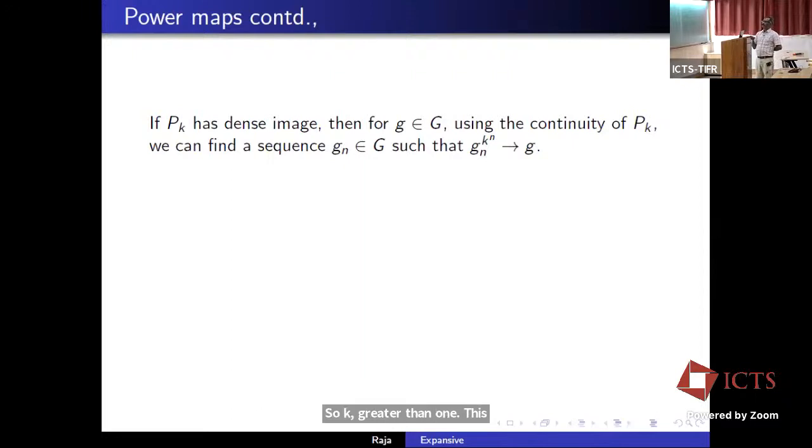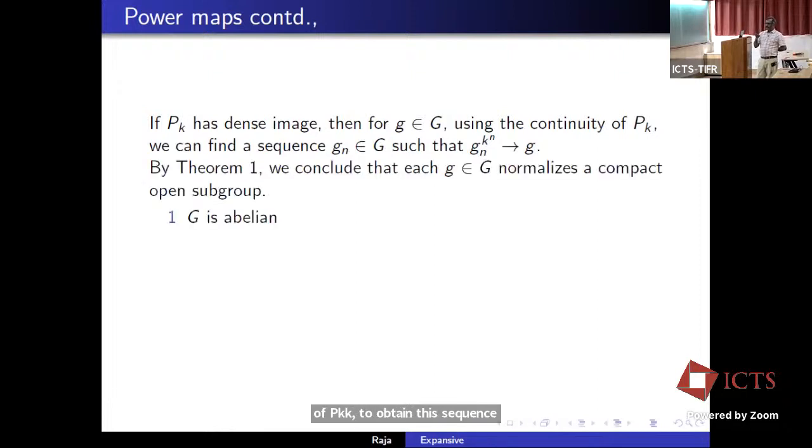This simply uses the continuity of P_k to obtain this sequence. Now, by the previous theorem, we can conclude that this is true for each and every element, so each element normalizes a compact open subgroup. So our initial conclusion is that if the power map has a dense image, then each and every element normalizes a compact open subgroup.